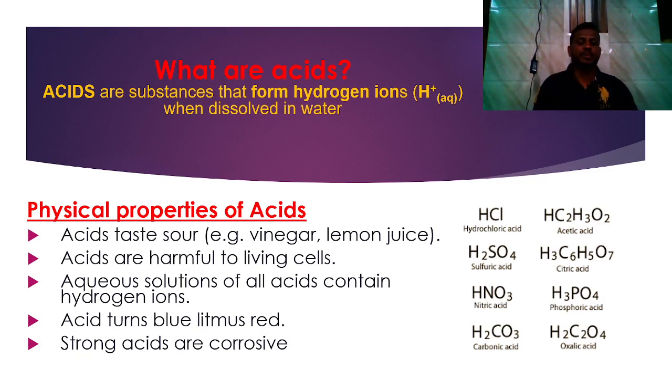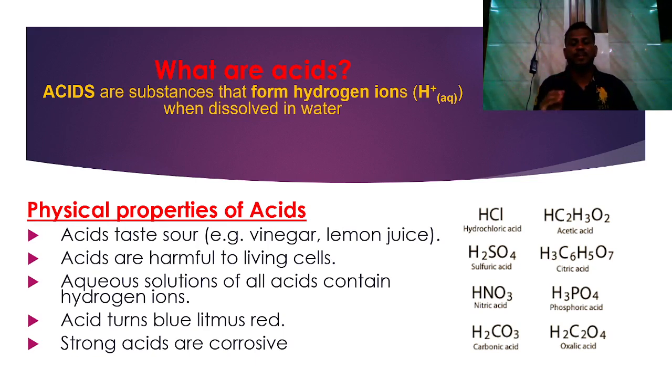In the litmus paper experiment, we check the acidic and basic properties of substances using litmus paper. When we put blue litmus paper on an acid, it turns red. It indicates that the substance we are handling is acidic. The next point is that strong acids are corrosive. These are the physical properties of an acid.